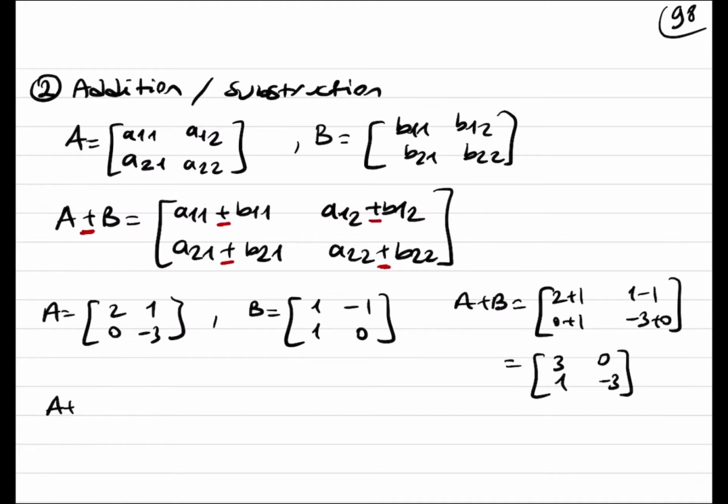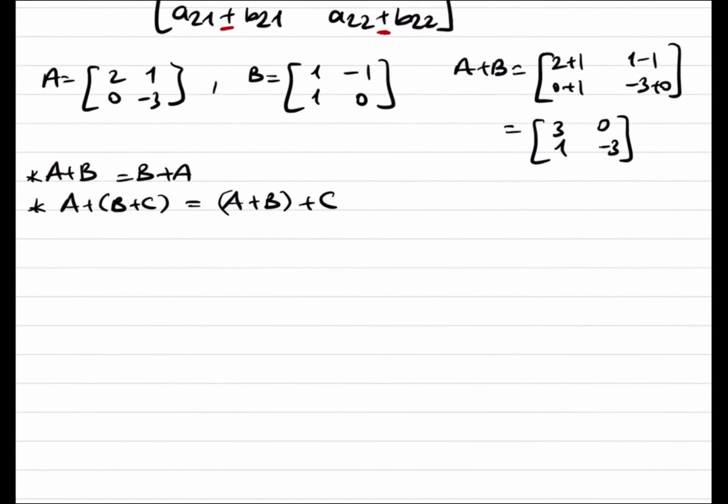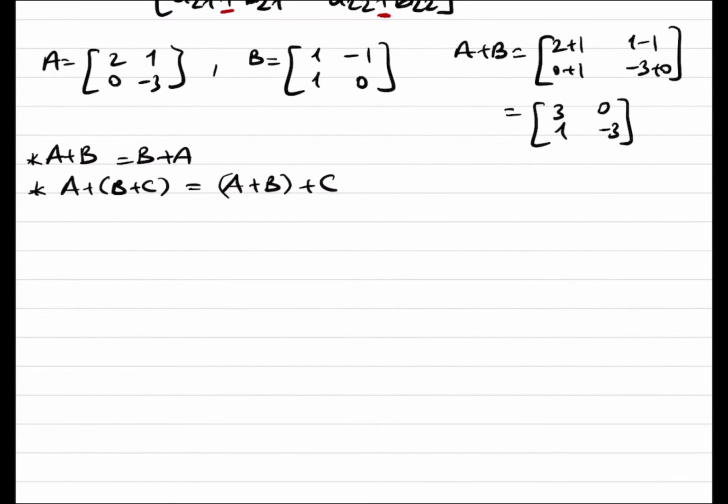Of course, A plus B is equal to B plus A. If you have A plus B plus C, you can add first A plus B and then C. So these are the properties of matrices.